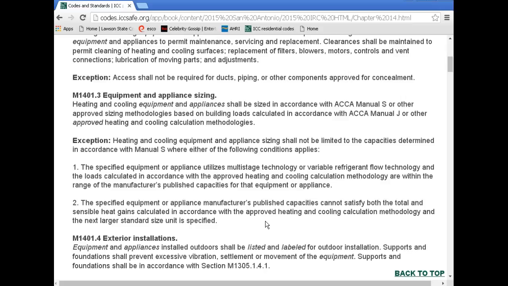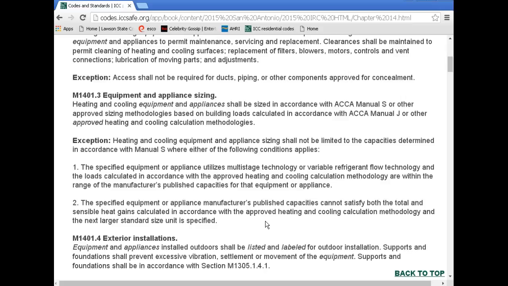You take that information and look at what you did on your Manual J, which would tell you what my sensible load, my latent load, and my total load is, and you match them up so that you don't have a house or a building that is out of whack. In other words, you got more than enough total capacity, but it comes on, cools the house off, and doesn't remove the latent load, okay? That's why the S is in there.